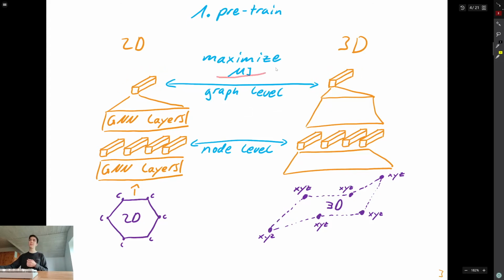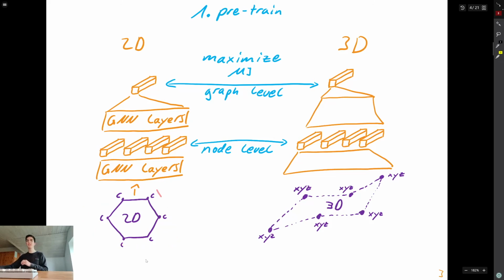Then we maximize the mutual information between those, so maximize the similarity. This way, with contrastive learning for example, we force the 2D network to learn to encode some 3D information in its latent representation, just with the 2D input.